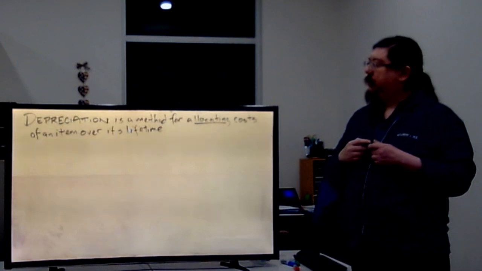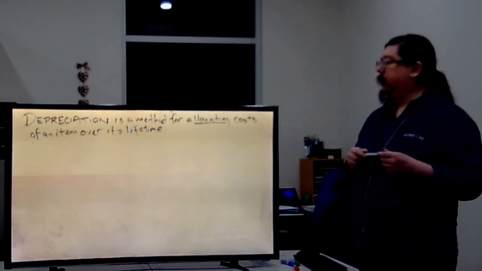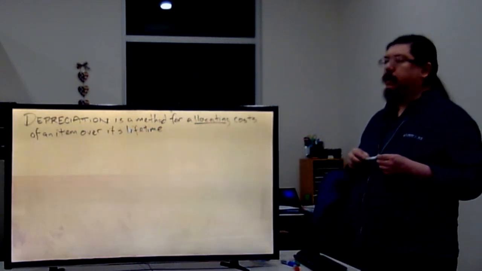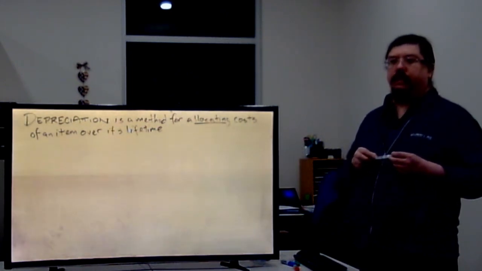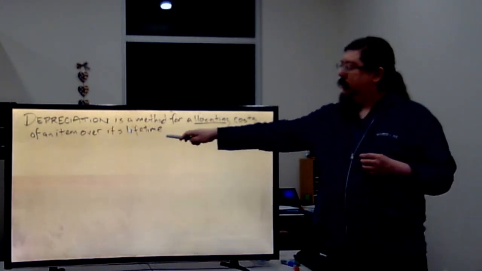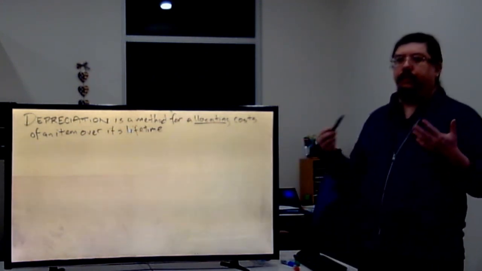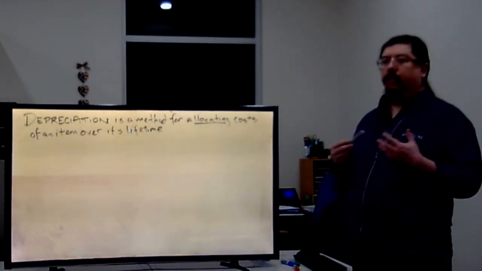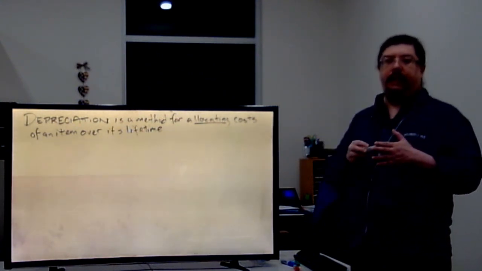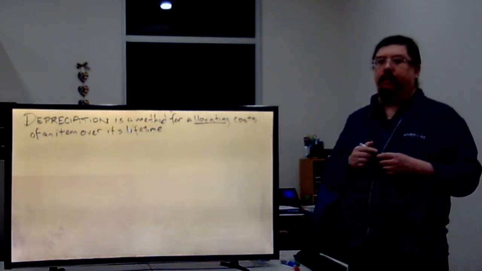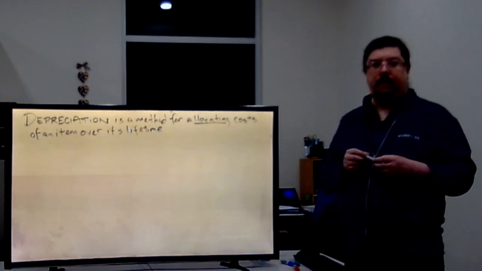So what does that mean? If I buy a piece of equipment for $100,000, I don't necessarily get a $100,000 deduction. If that equipment is going to produce value for me as a business for more than a year, I should be allocating that $100,000 to the multiple years that it's effective or useful.